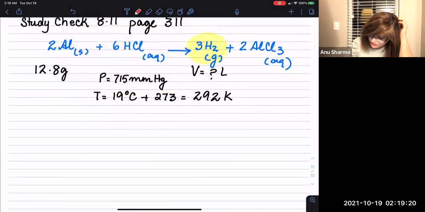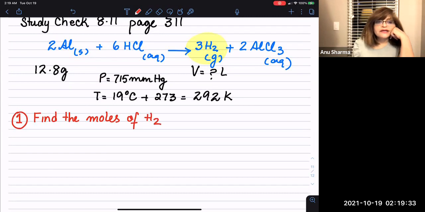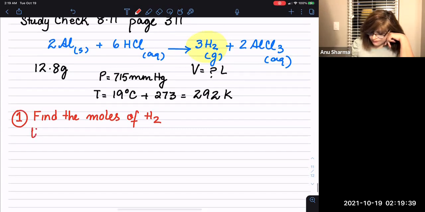The first step is to find the moles of hydrogen. Okay, find the moles of hydrogen. And how would you do that? Using moles of aluminum, right?